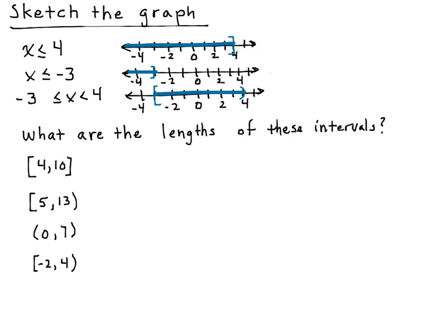Just because we're missing the value 13 itself, we still get everything up to it. So we're talking about the length as being the same. We just take the higher number and take the difference, and that's the length. So here we take 4 minus -2 and we get 6. So the length of that interval is 6.